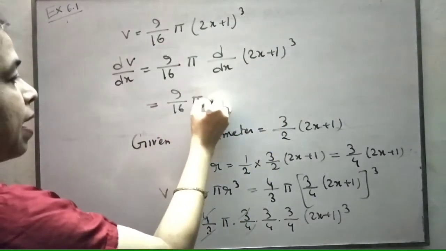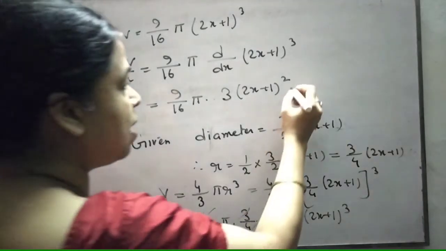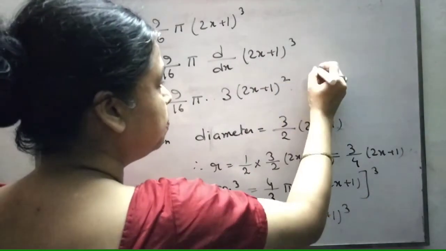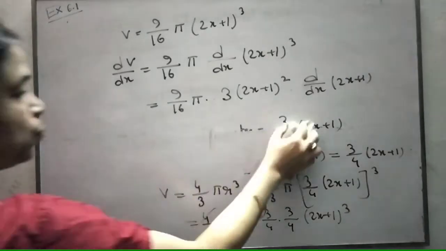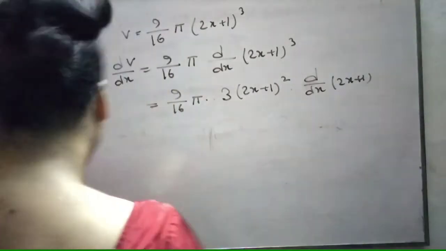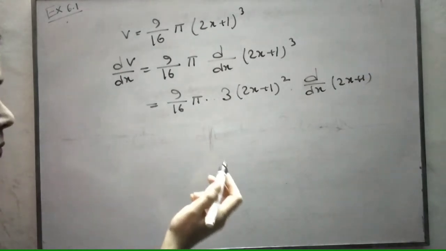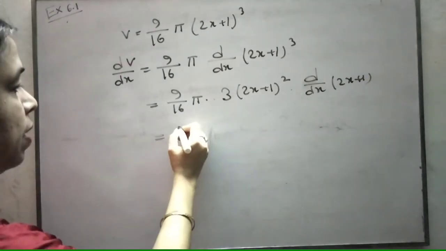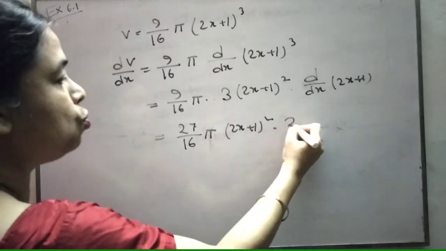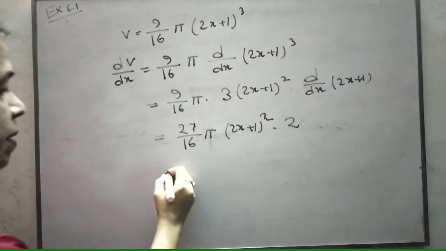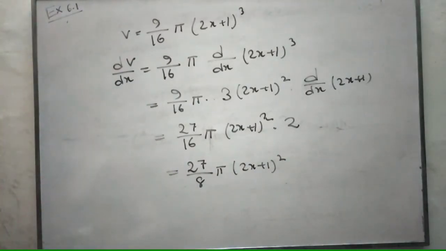Taking the derivative, we have 3 times (2x plus 1) whole square, using the x to the power n formula, and then d/dx of (2x plus 1), which is 2. Multiplying, we get 27 by 16 pi times (2x plus 1) whole square times 2. The 2 cancels, so that is 27 by 8 pi times (2x plus 1) whole square.